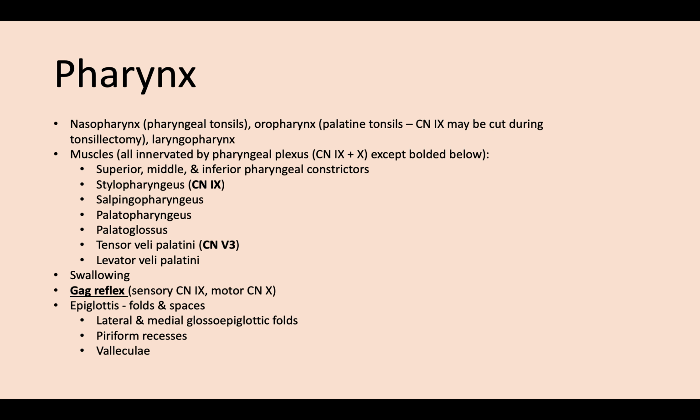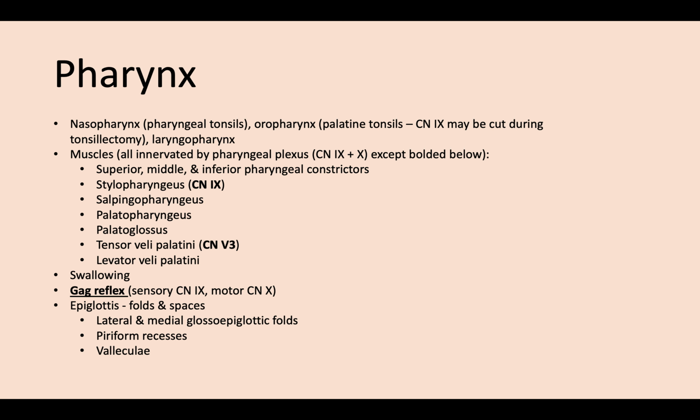Stylopharyngeus is the only muscle in the entire body that gets motor innervation from cranial nerve 9. So if you see a test question that's asking you about, let's say, levator veli palatini, and it's asking you what innervates it, and you see cranial nerve 9, you know that can't be it because only stylopharyngeus is innervated by cranial nerve 9.